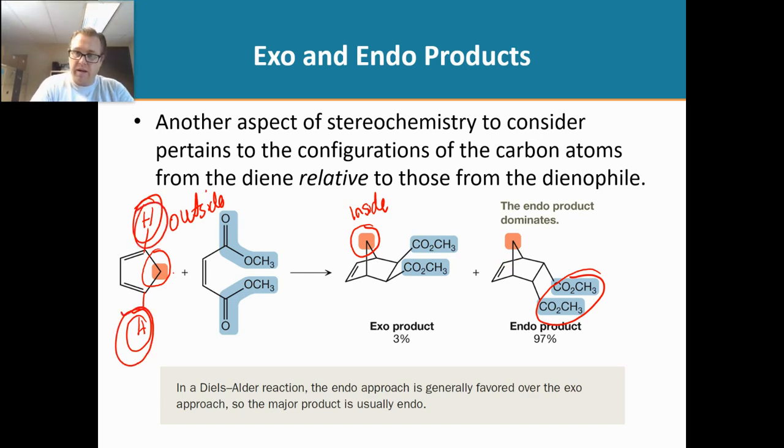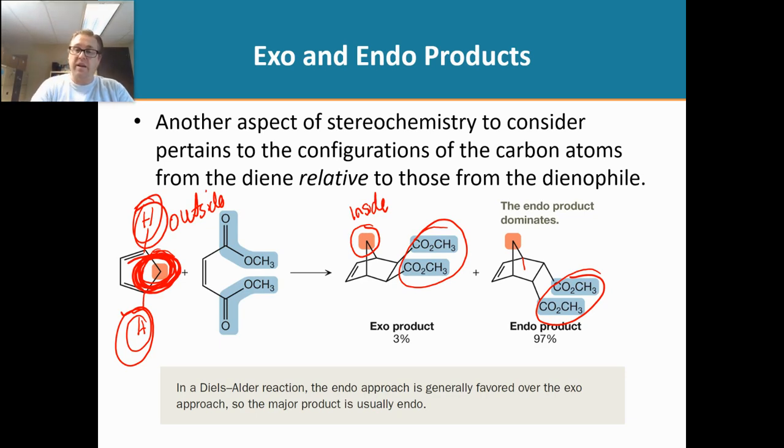Well, they're going to be right there. So that's another way of looking at it. When you're looking at the Diels-Alder product, you're just looking at those groups and where they are with respect to the inside on the diene.